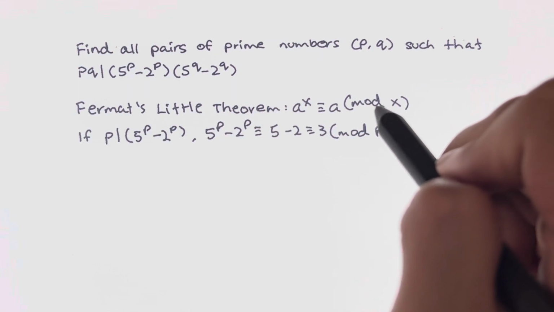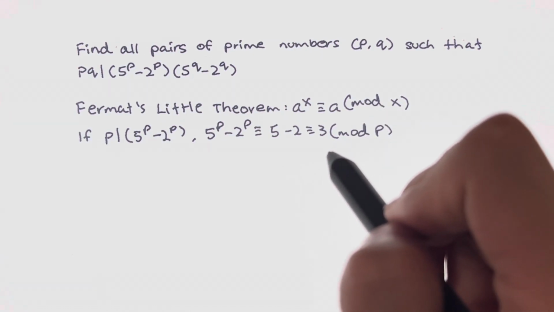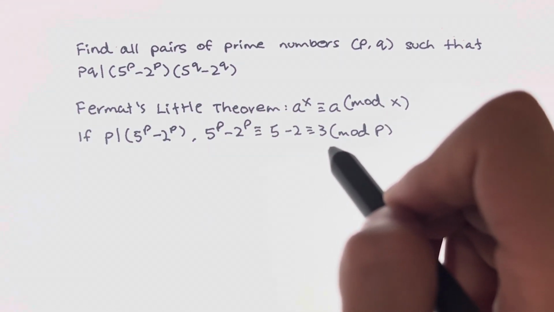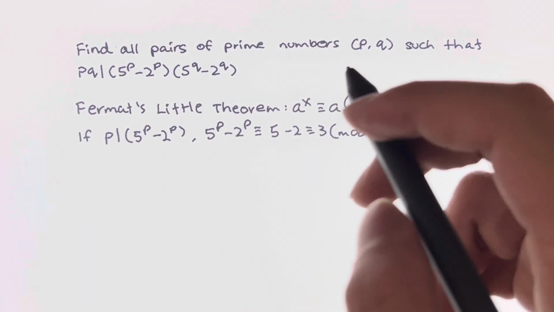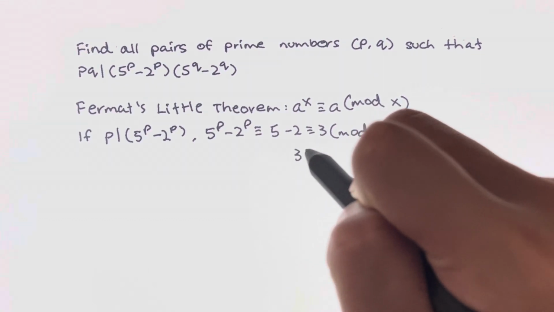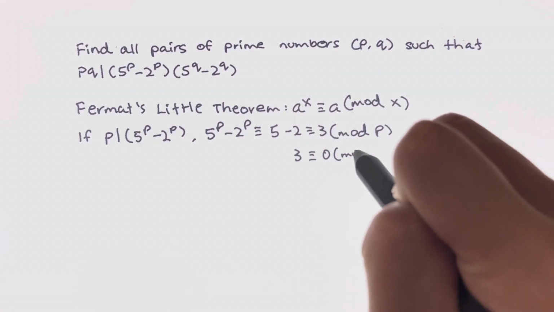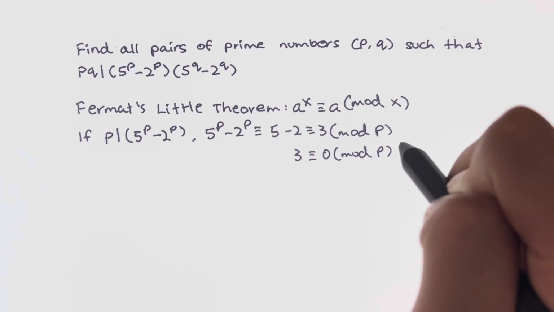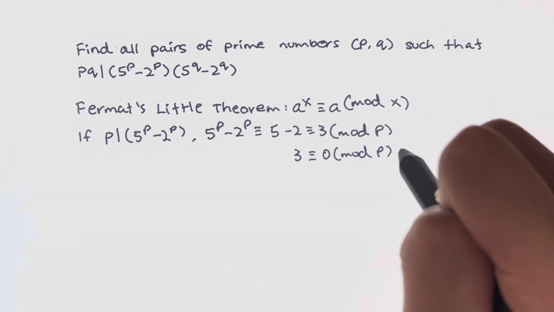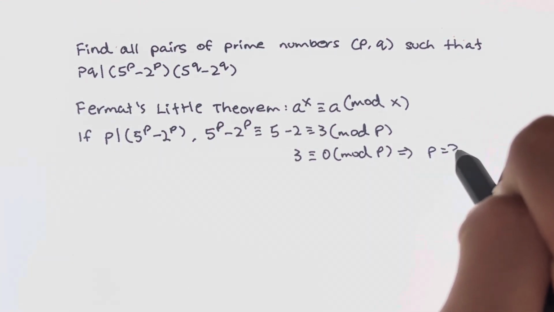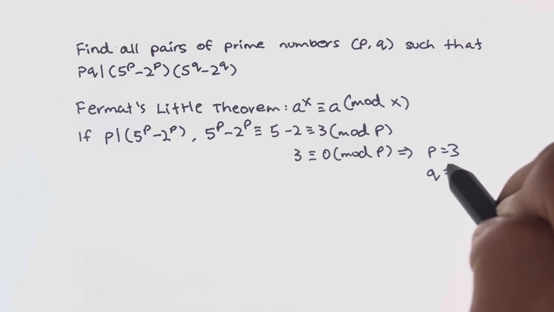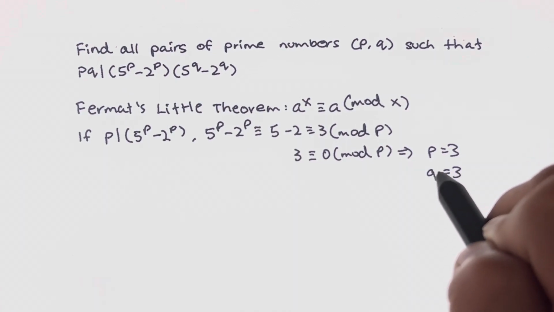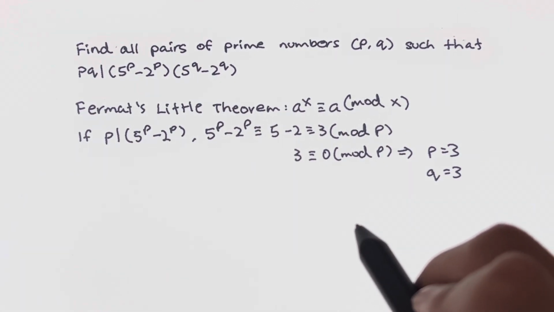And for p to be a factor of 5 to the power of p minus 2 to the power of p, we need 3 to be congruent to 0 mod p. So since p is a prime number, we have p equals 3. With the same logic applied to q, we have q equals 3. So 3, 3 is going to be one of the solutions.